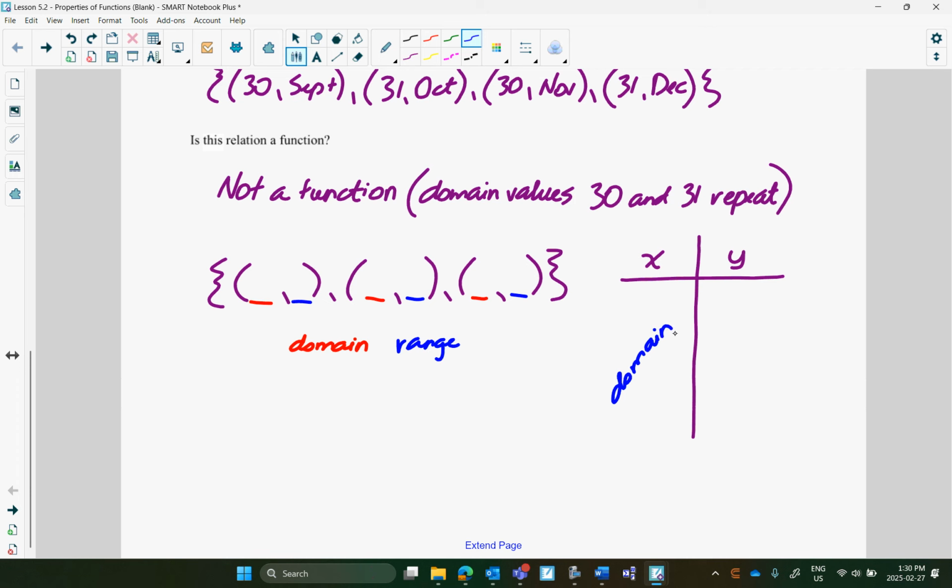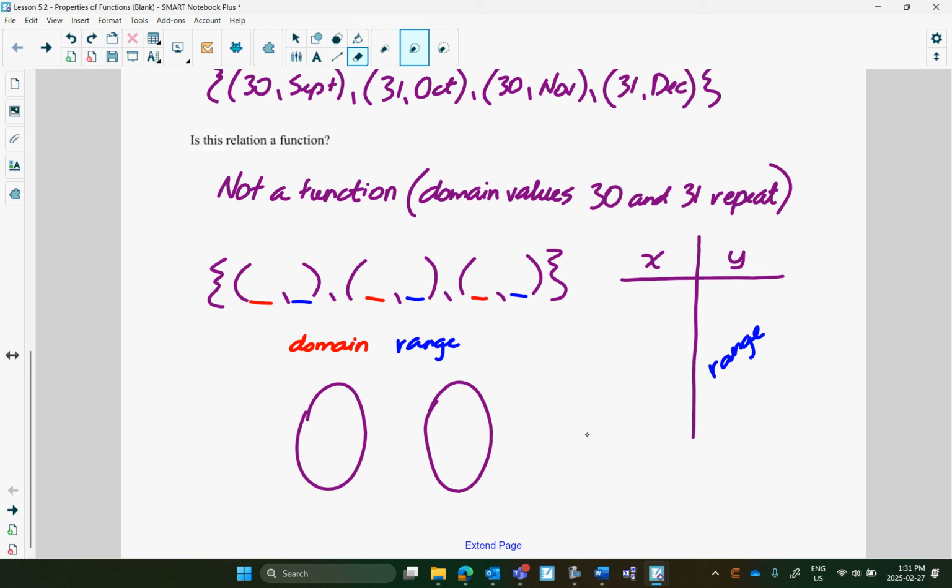It's the first column. The second column in a table would be the range. If we did an arrow diagram, the first oval, so I should have written that in red, domain. First of all the elements or values in there, or words, whatever, will be the domain. And this will be the range.